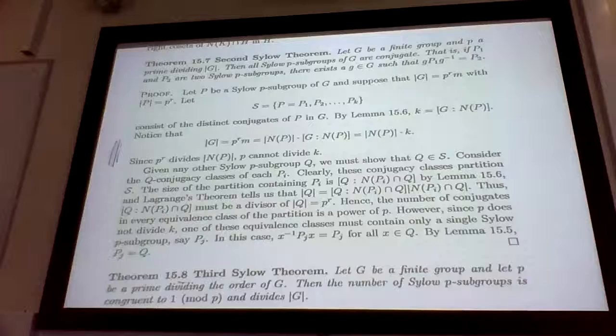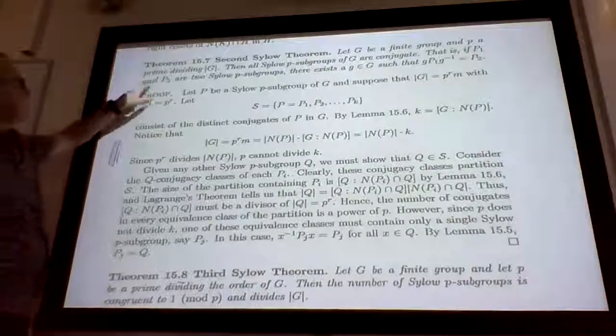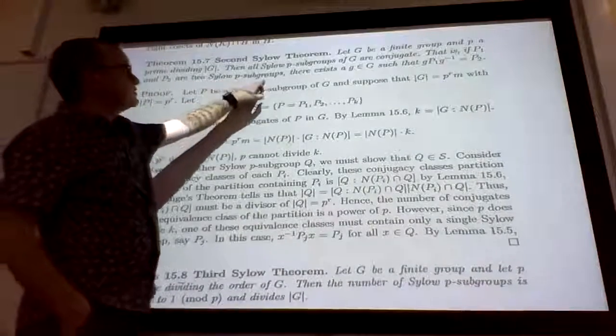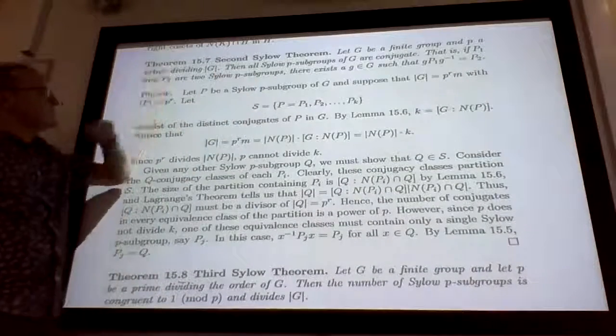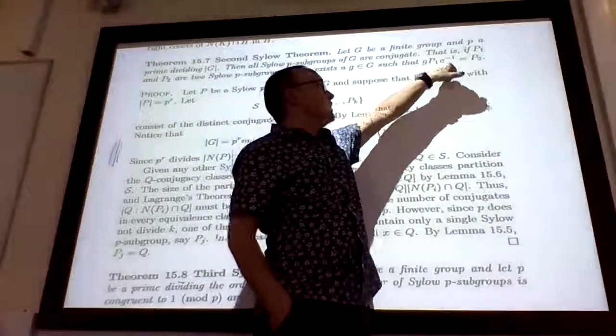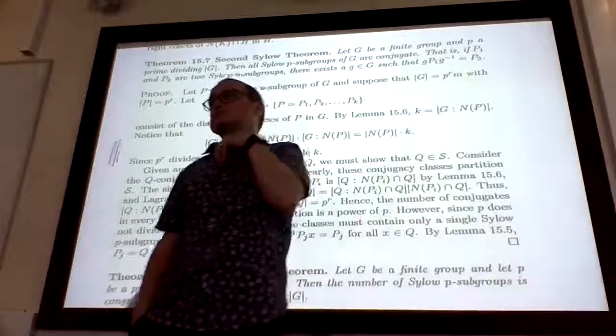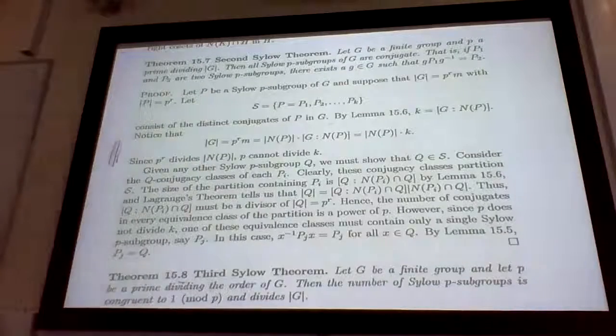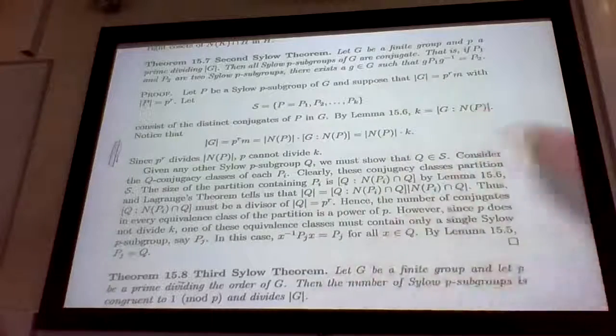Conjugacy, whether one set is a conjugate of another, is an equivalence relation. So this is saying there's only one equivalence class. So if P1 and P2 are two Sylow p-subgroups, so they're both of this maximum possible size, p to the r, then you can find a g that will conjugate P1 and give you P2. Now, I believe he phrases the proof slightly differently, but it's again using an action.